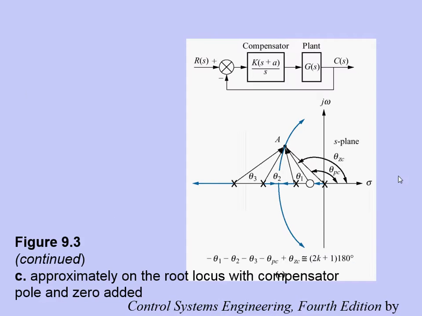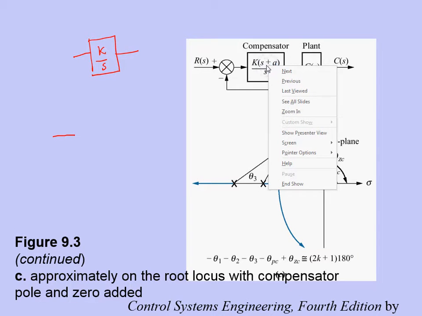Now, if you add something to it, remember that the controller on the previous one was k over s, right? But if you add something to this, instead of just k over s, let's say you differentiate and add another, see here how it is, right there, see?